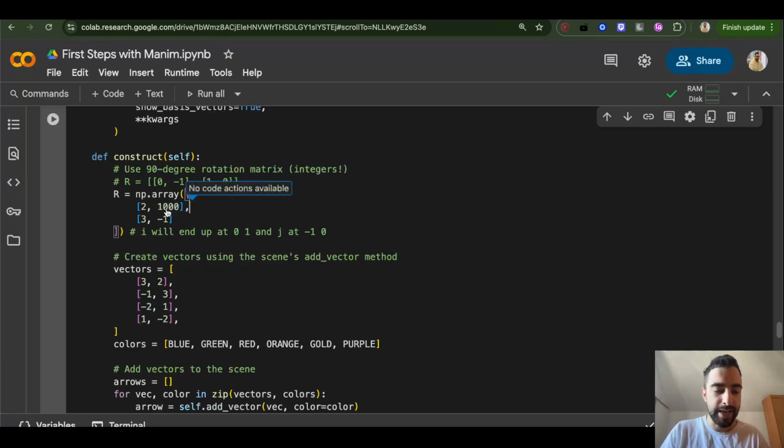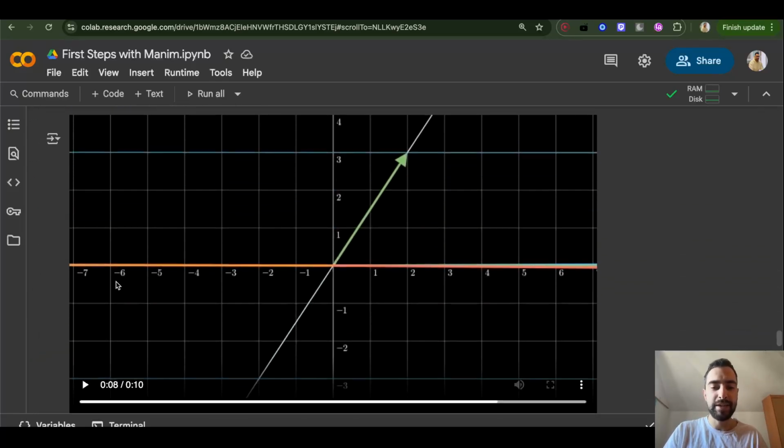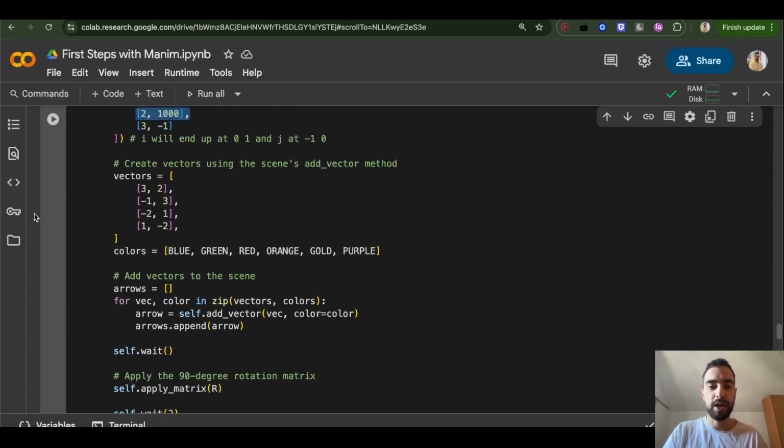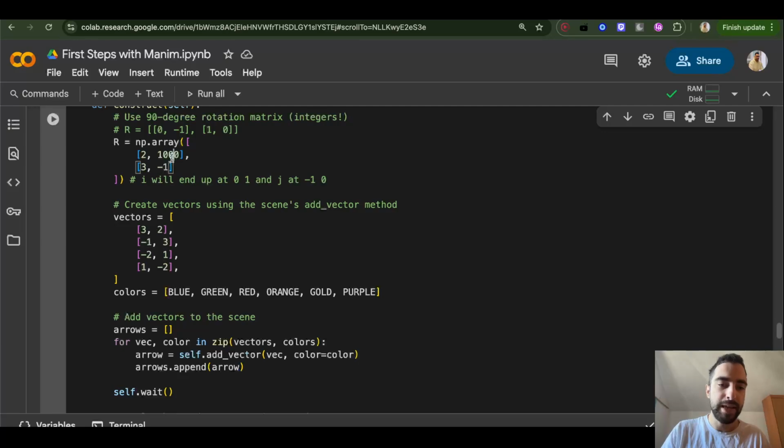In this case, this row will absolutely dominate this row and every other row. This row will stretch the entire space hugely, insanely, and the other rows are not going to make much change. But if we make them all add up to 1, so this will be like 0.